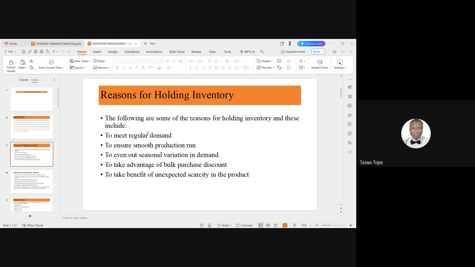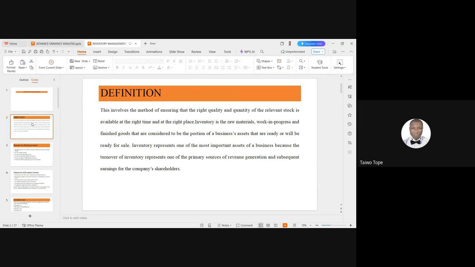So I believe we all know types of inventory. You know types of inventory, right? I've mentioned it in this class just now. I just want to test your understanding. What are the various types of inventory? Okay, mention them, ma. Raw material inventory, work in progress, and inventory of finished goods.